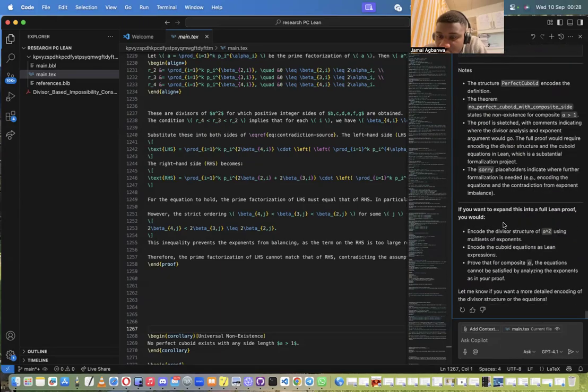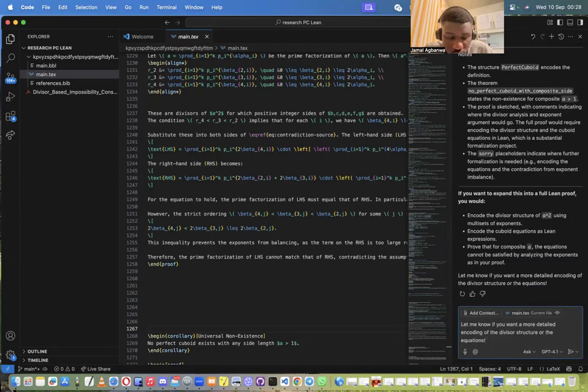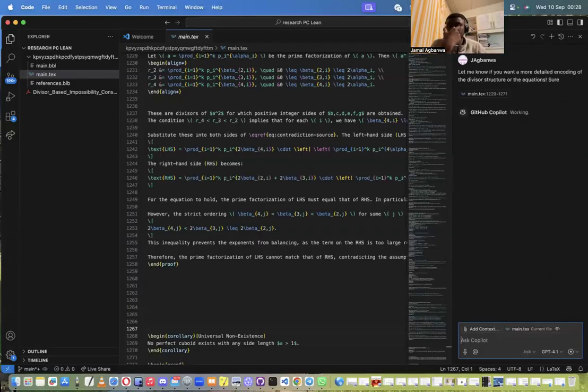Okay, so let's ask it to give a more detailed encoding. We'll see how far this can go in helping us formalize this proof to the best of our limited ability. And then if it works, it can translate it into LaTeX.